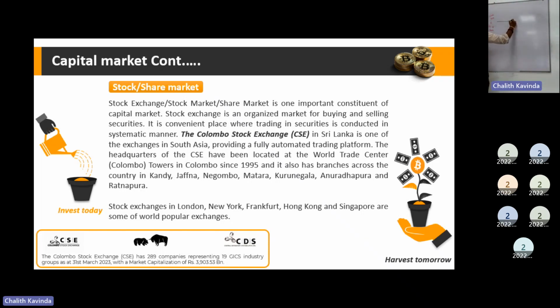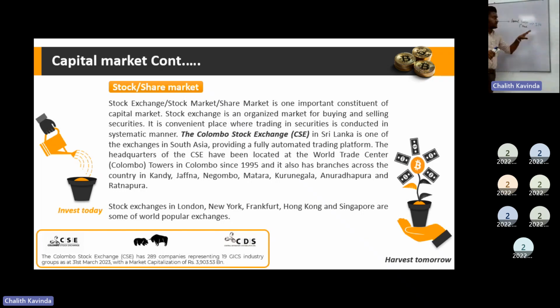Then they issue these shares to the general public for the first time. So what do we call it? Yes, we call it an IPO. IPO stands for initial public offer.